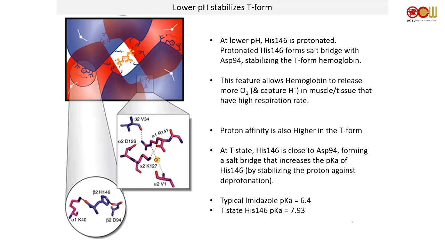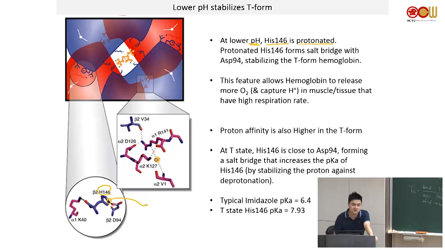We know that the T state is favored when you have a lot of protons, right? So at low pH, your histidine 146 is protonated. Where is histidine 146? This guy. And which one is protonated? This guy. Do you know what atom this is? What can be protonated?